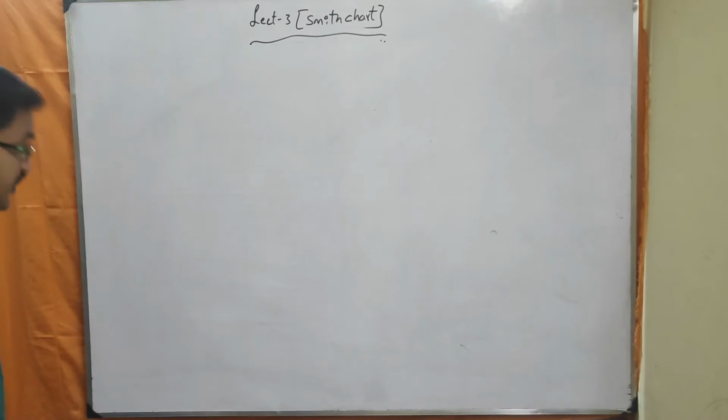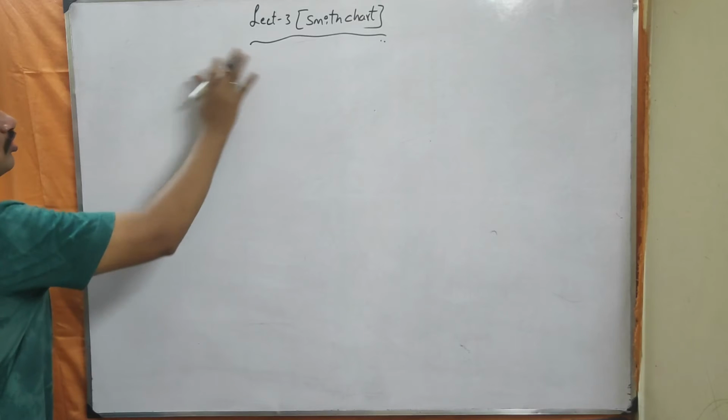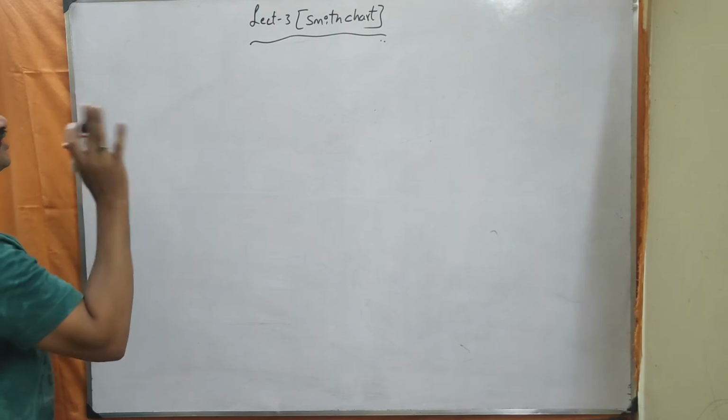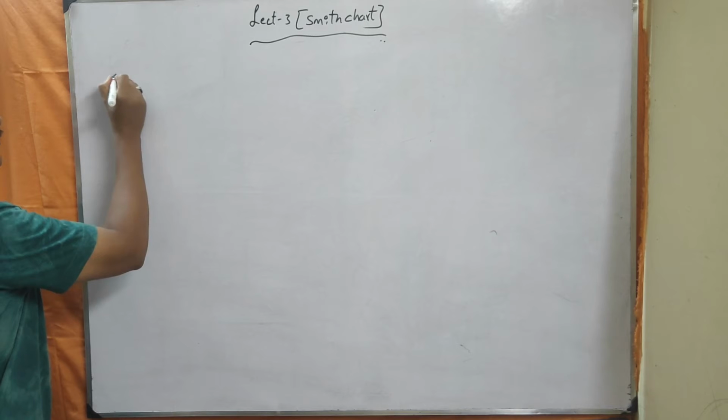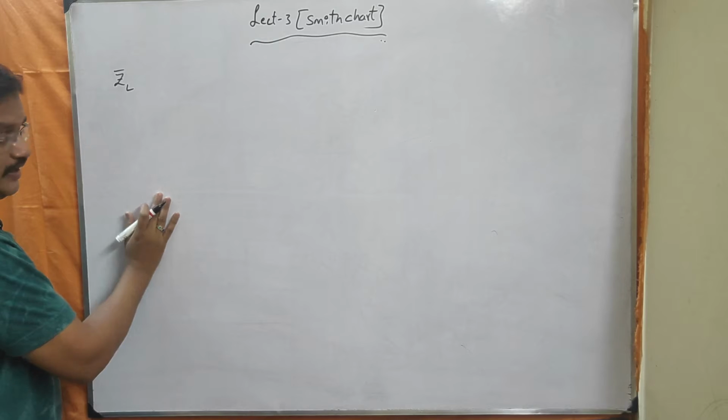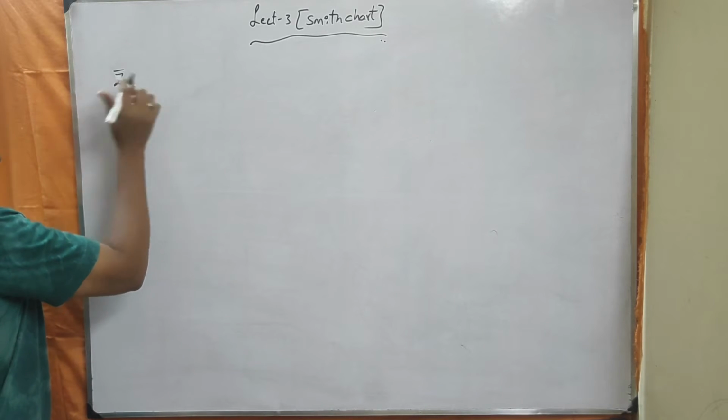Okay, see, our main goal or our main aim. In the first lecture we have told that our main aim or goal is to map all the possible values of load impedances onto gamma plane. So we know that this is ZL bar.